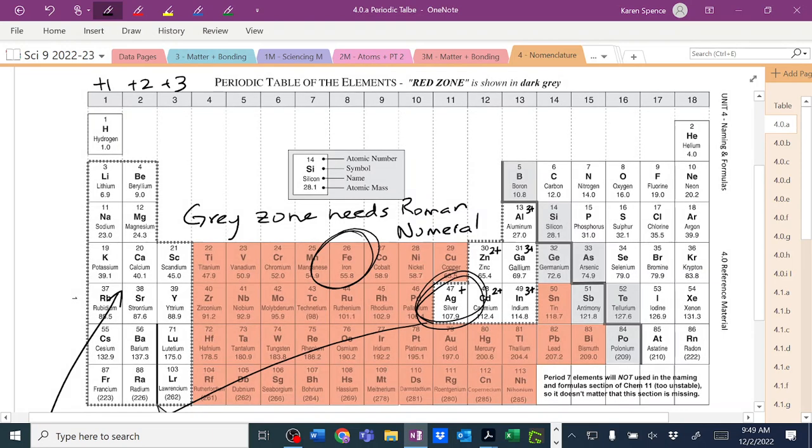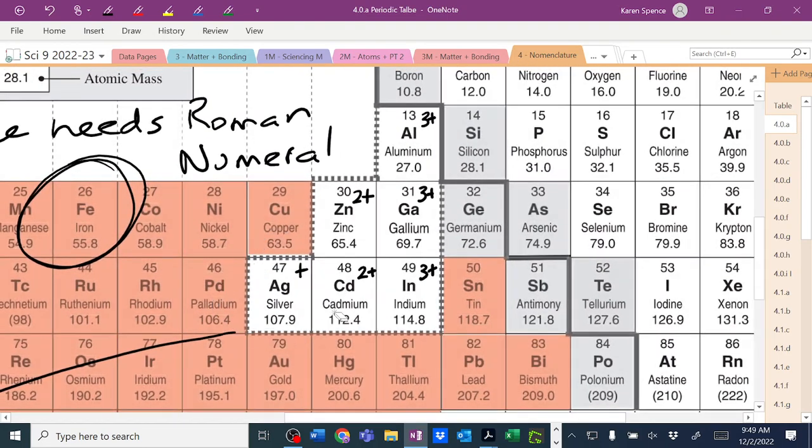So we don't need a Roman numeral to tell us anything about the charge. If I say sodium ion, you're going to know that sodium is +1 because it's in column 1. You don't need me to say sodium +1, right?